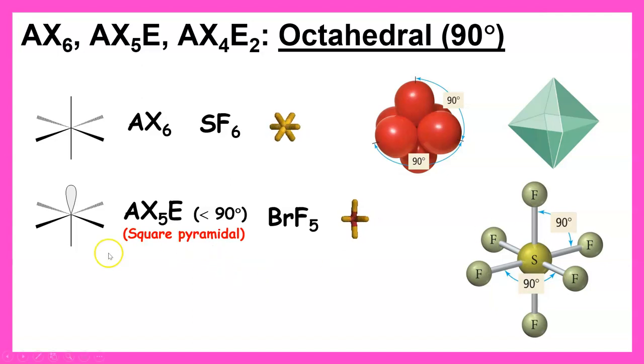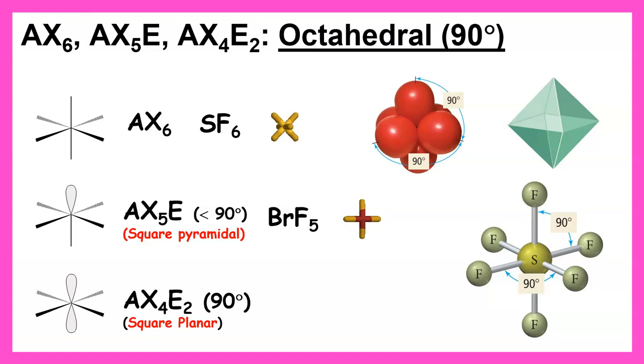If I replace one more, I'm going to put another lone pair on the bottom instead of an atom. Now, can you see that the atoms that are left are all of the equatorials and they're all flat? We call that square planar. Nice and flat.